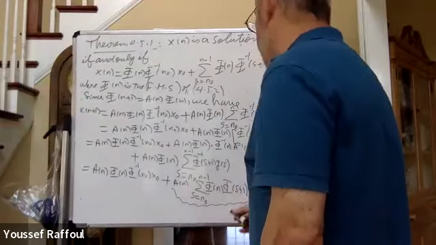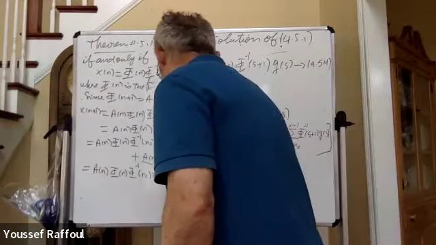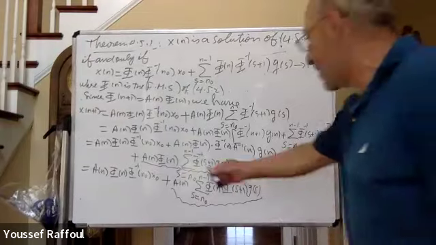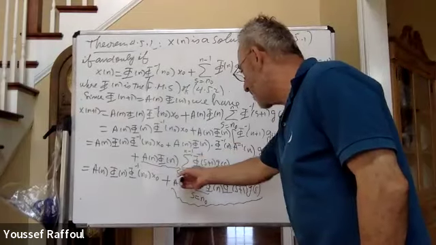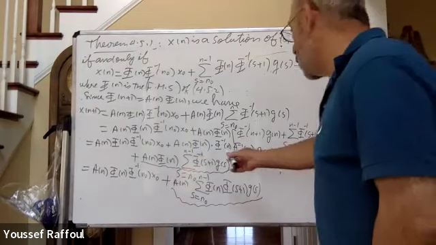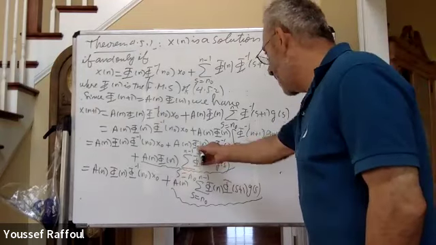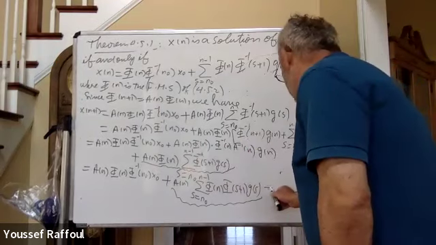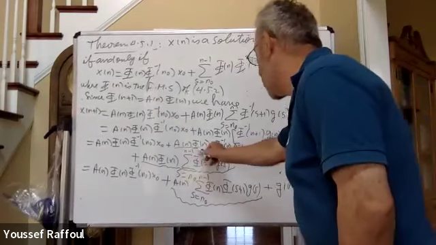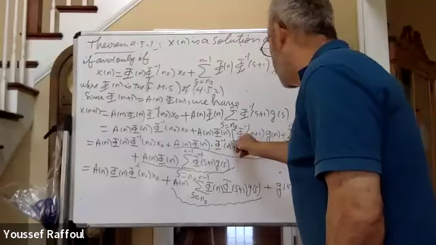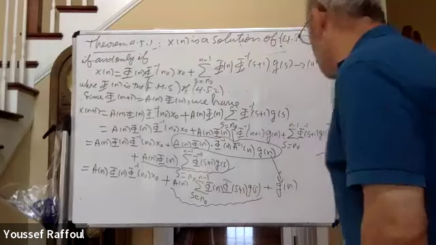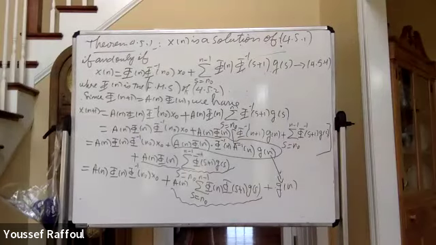This term is this term here. You see that? I can take the phi n in because the summation is done over s. Now, what is this term now? This term is a plus a g of n. The whole term is this one.